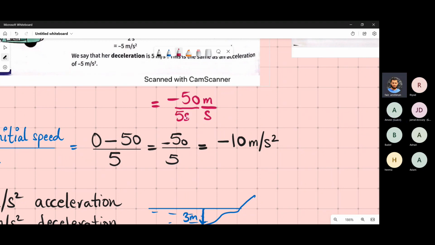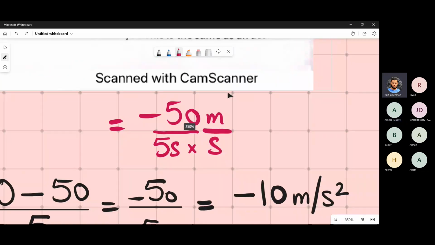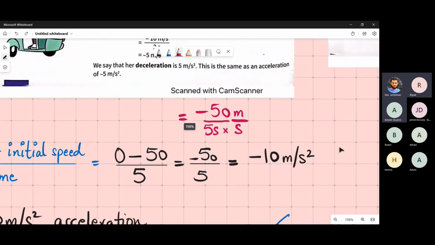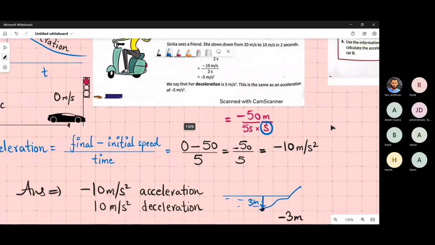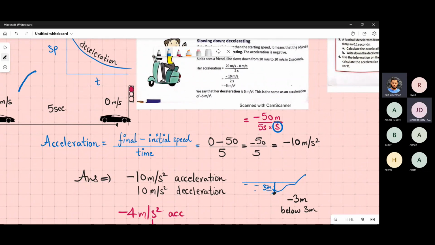So there are 2 seconds now: 1 second is coming from the meter per second of the speed, and 1 second is coming from the time.